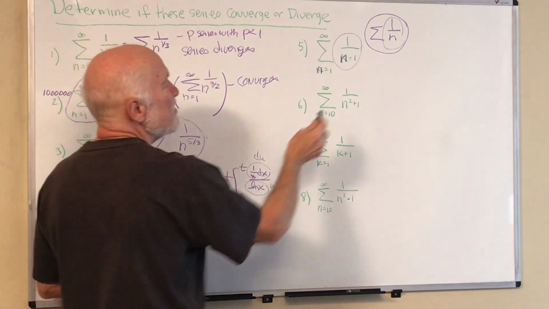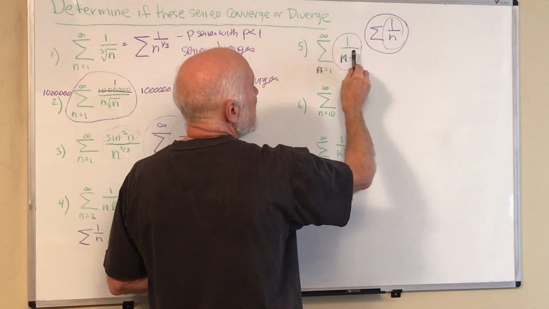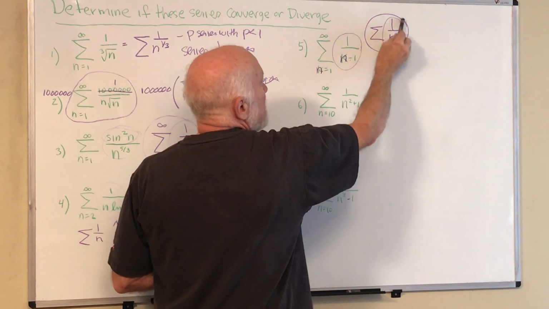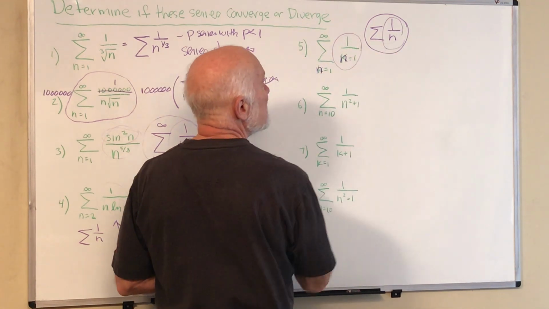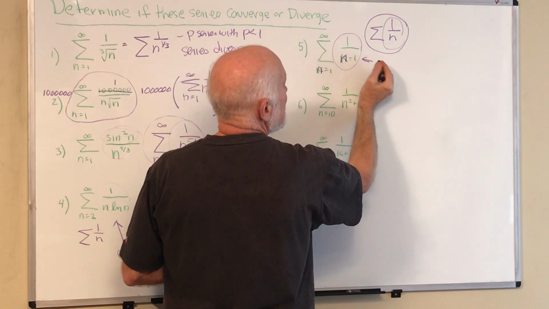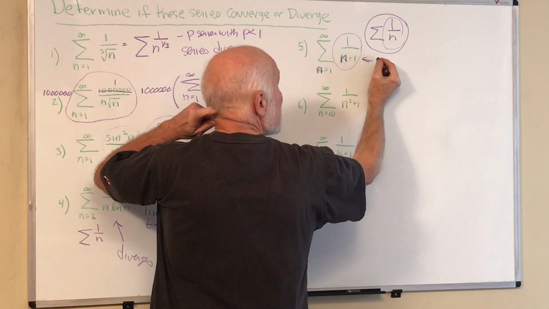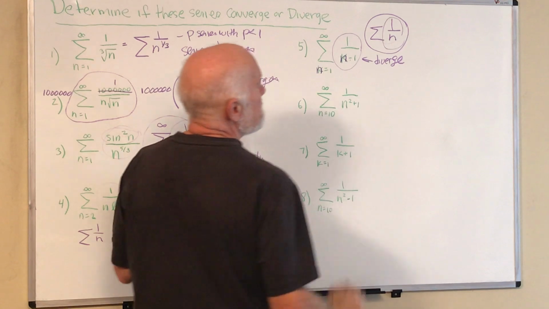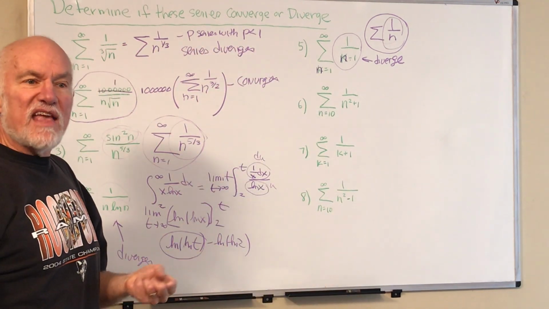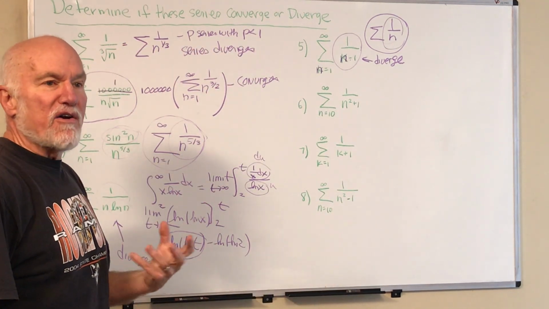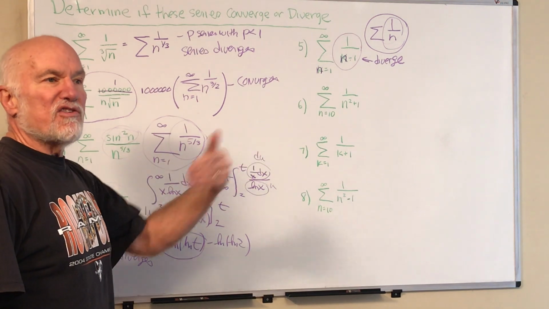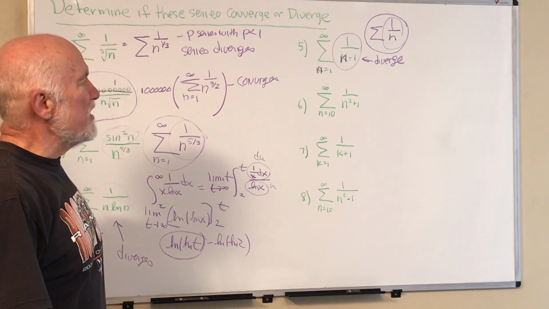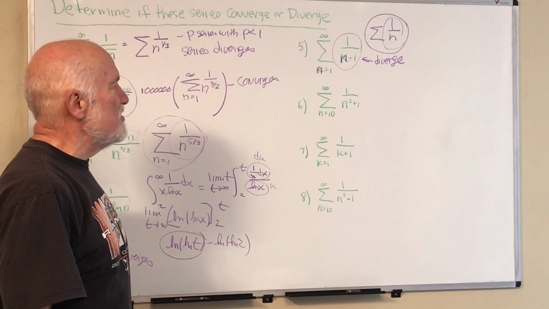So that means term by term, these are bigger than this, and this diverges. Therefore, by the comparison test, this is going to diverge. You're using the comparison test and the p-series test. You're comparing with a series that you know whether it converges or diverges by the p-series test.